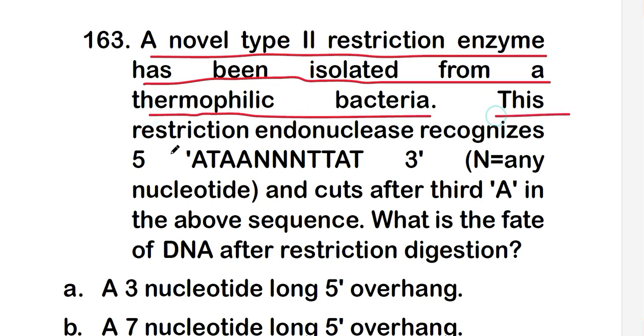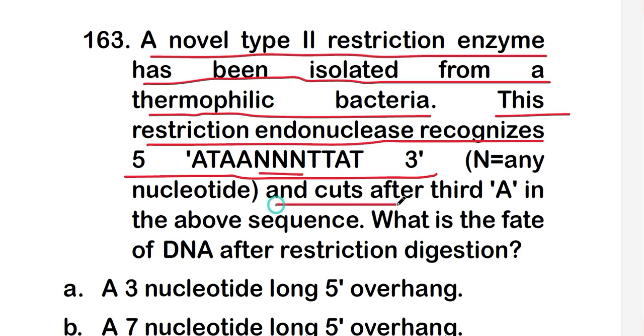This restriction endonuclease recognizes a 5' ATAA triple N TT 3' sequence. Here 3N means any nucleotide, and they cut after the third A, that is here. So they can cut after the third A in the above sequence.